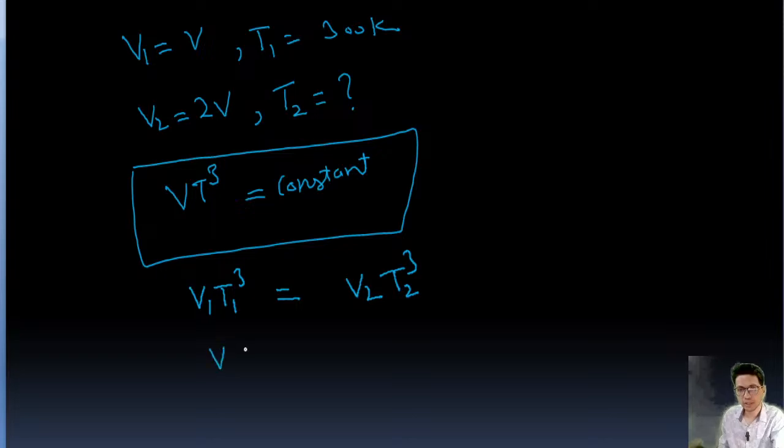V1 is V, and T1 is 300 Kelvin, equal to 2V, and T2 cubed we need to find out. From here we'll solve it further.